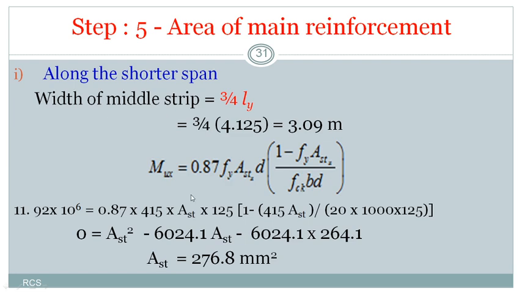If you substitute the values, Mu equal to 11.92 into 10 power 6 is equal to 0.87, fy equal to 415, Astx here. Here I have to substitute Astx, that is the area of steel in the middle strip along the shorter direction, and the effective depth we have is 125, into 1 minus 415 Astx by 20 into 1000 into 125. Here we get a quadratic equation. If we solve this quadratic equation, we can calculate what the Astx is. The Astx equal to 276.8 mm square.